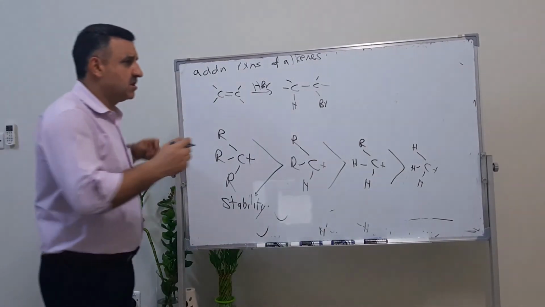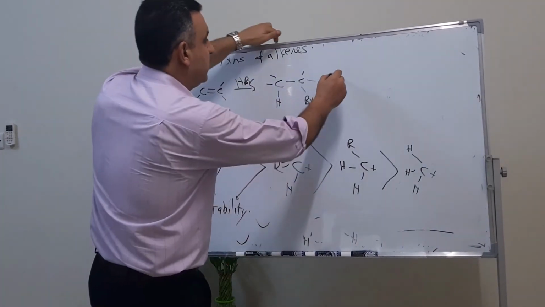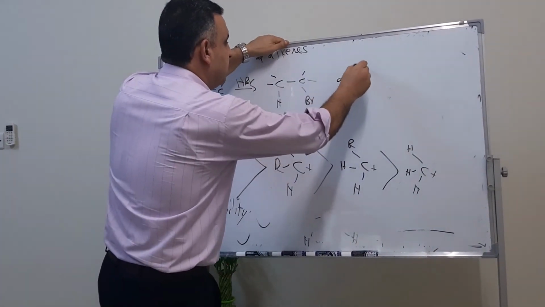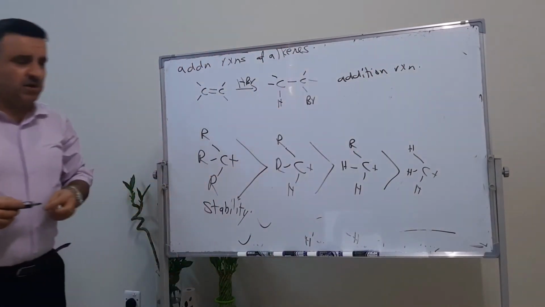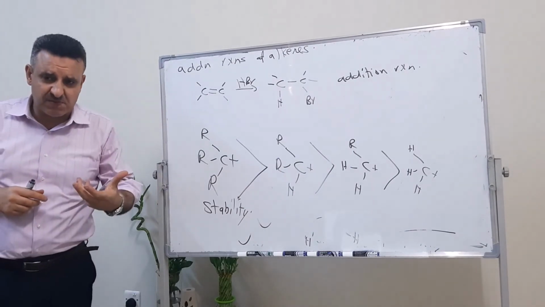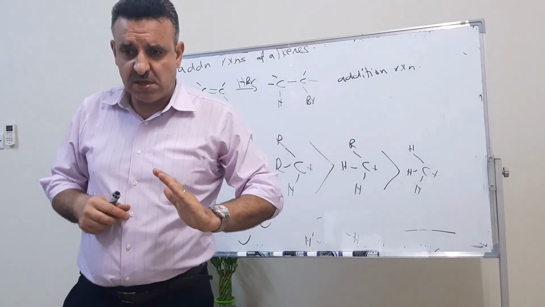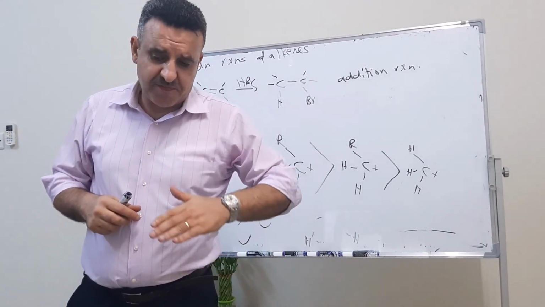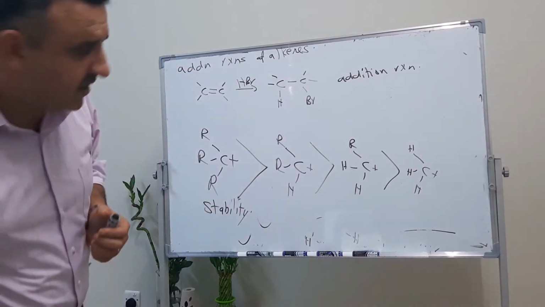So this is an example of what we have discussed before, and we called it addition reaction. Now we want to explain a little bit the mechanism of this reaction, and a very important theory of the addition reaction, what we call the Markovnikov addition rule.